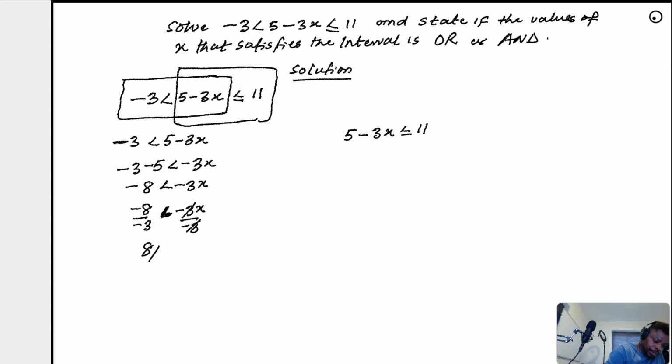So this is 8 over 3 greater than x. This simply means x is less than 8 over 3. That is what it means. And what is 8 over 3? Let's put that one in decimal to be easier. That is 2.66.